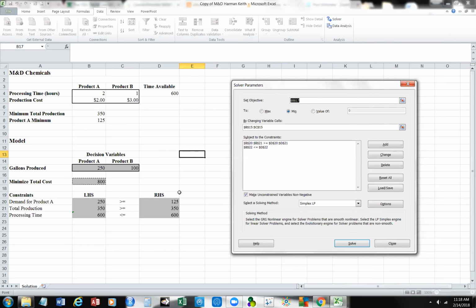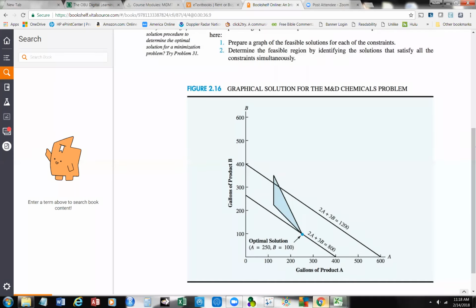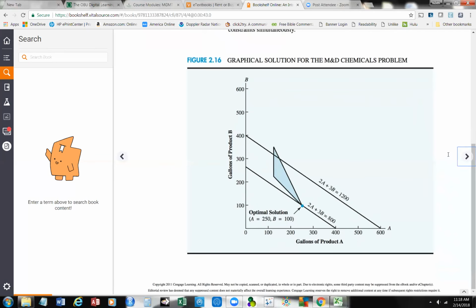So now we're down to this point where we've got the constraints built. Let's talk about this for a moment, because as we look at this, we have a cost for each of these. Product B is more expensive, so I would assume it's maybe a premium product, who knows. And notice that we have to make at least 125 gallons. Now, the text will give us some verbiage about that.